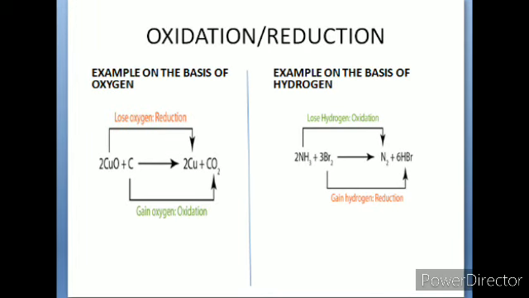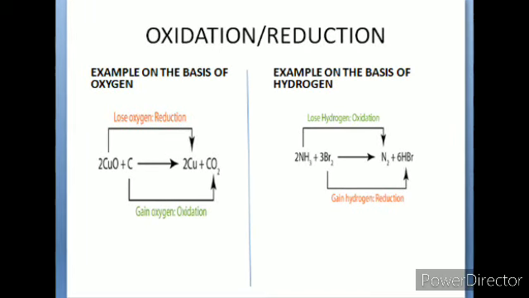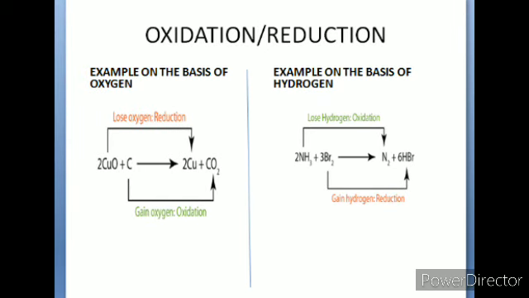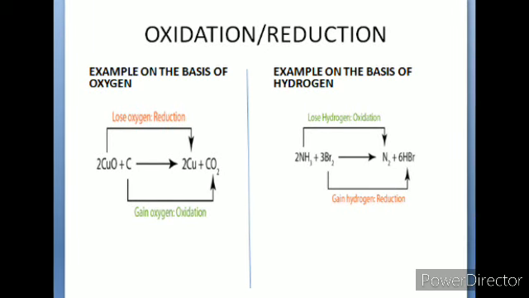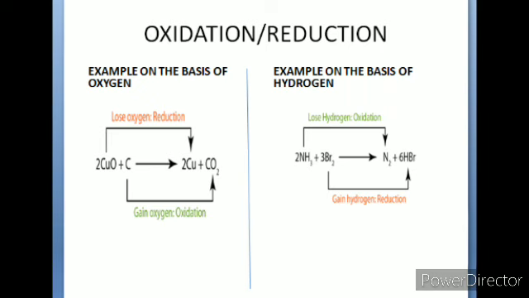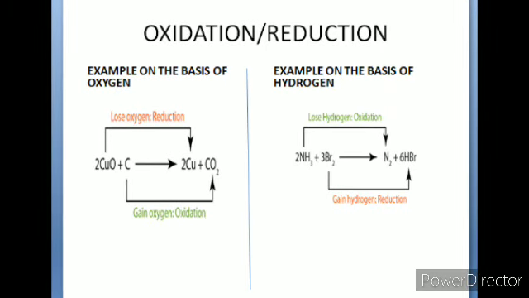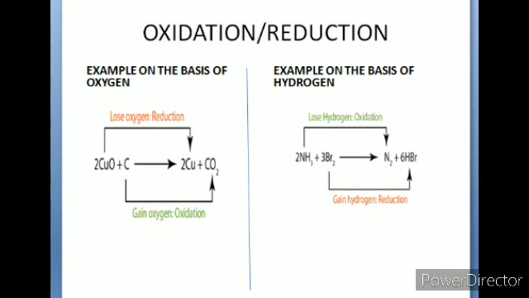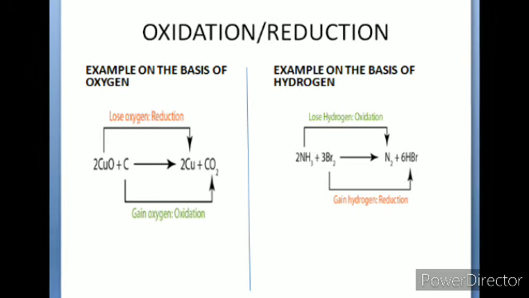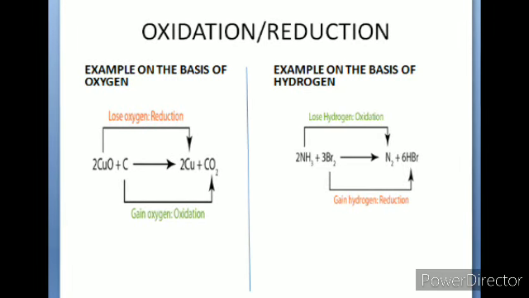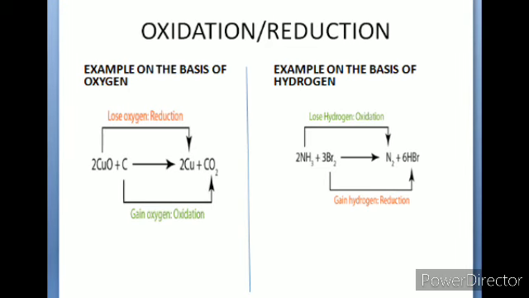First we will take the example on the basis of oxygen. Here in this example we have two reactants. One is copper oxide and the second one is carbon. After the reaction, it will form copper plus carbon dioxide.